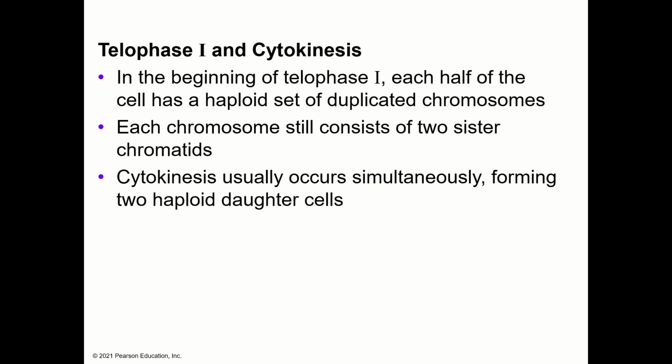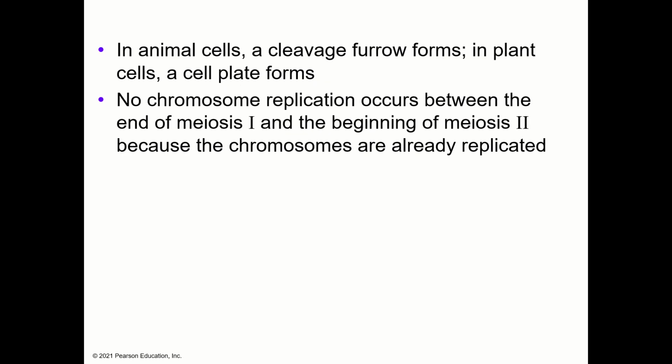Each chromosome still consists of two sister chromatids. Cytokinesis usually occurs simultaneously, forming two haploid daughter cells. In animal cells, a cleavage furrow forms. In plant cells, a cell plate forms.